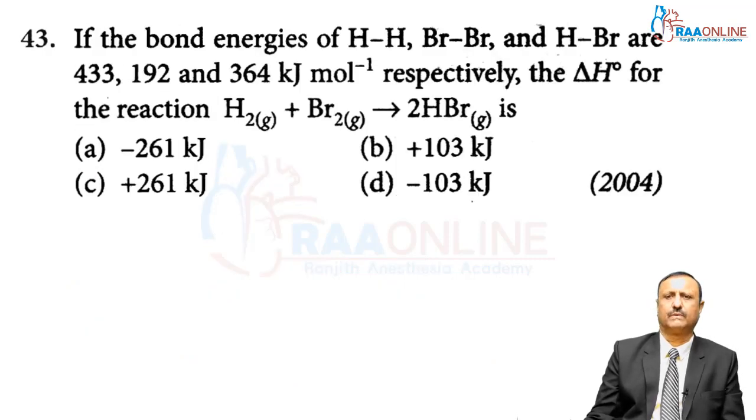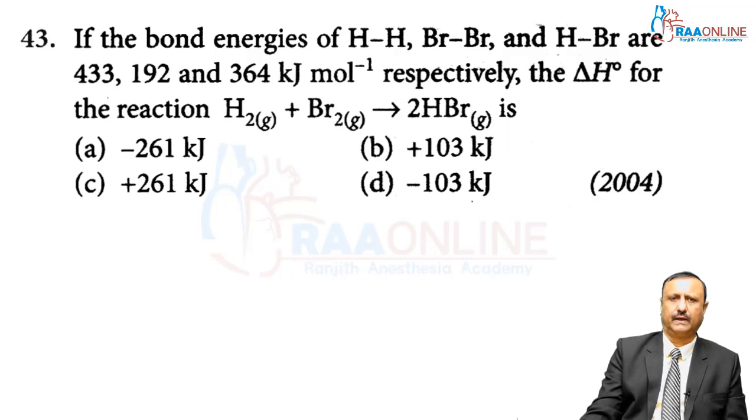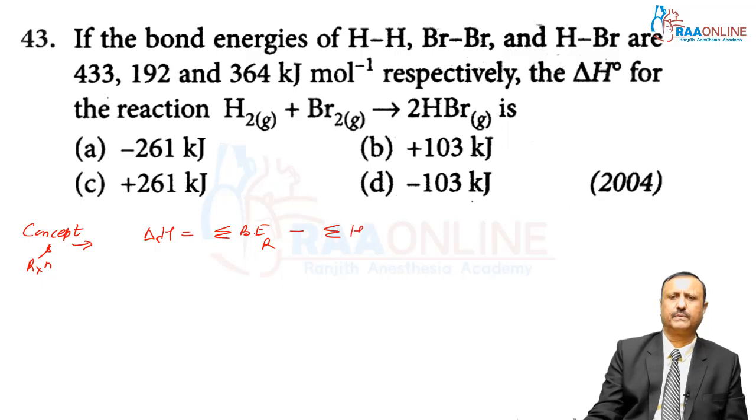Now, we can go to question number 43. Here the bond energies are given, and the reaction is given, and he wants the heat of reaction. So, we use the concept: delta H reaction is equal to summation of bond enthalpy of reactants minus summation of bond enthalpy of products.